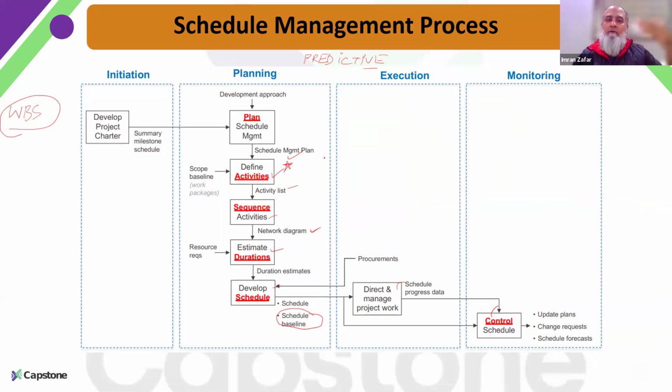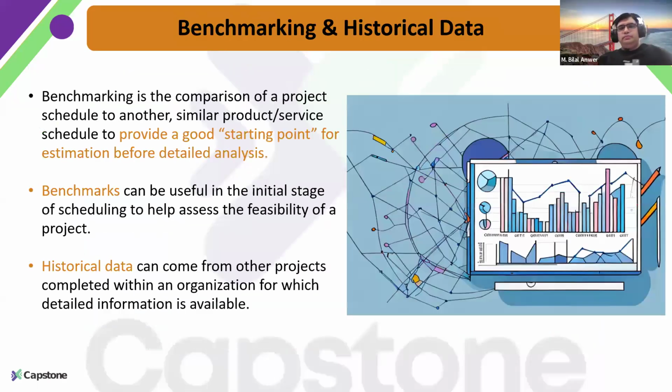Once I know all the activities, we will start sequencing them: this activity will come first, these activities will follow it, and this is how the sequence will be. That sequence will give us our project network diagram. Once we have the diagram ready, we know the dependencies, the leads and lags. Based on that, we will develop our estimates, and once we have all the estimates, that will give us our complete project schedule. Clear, thank you.